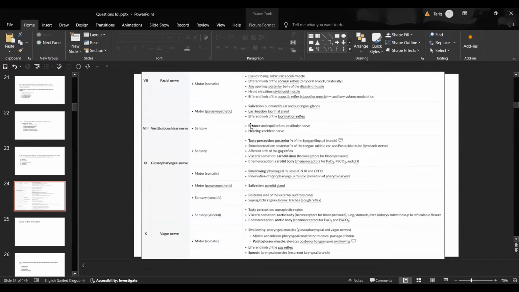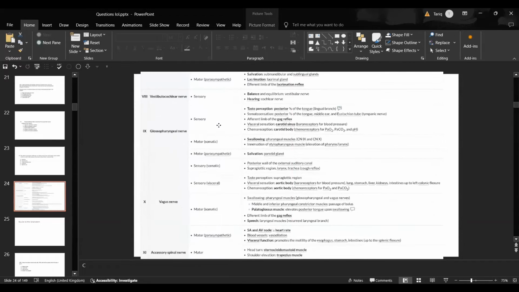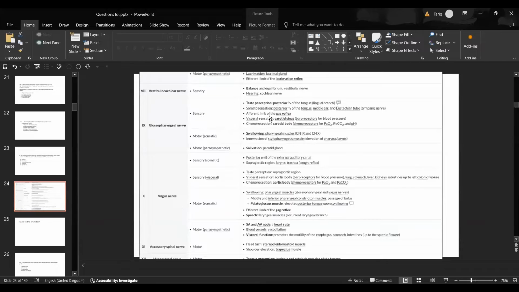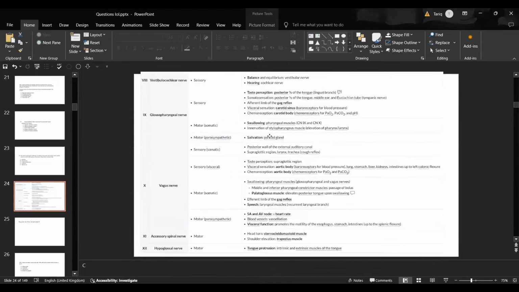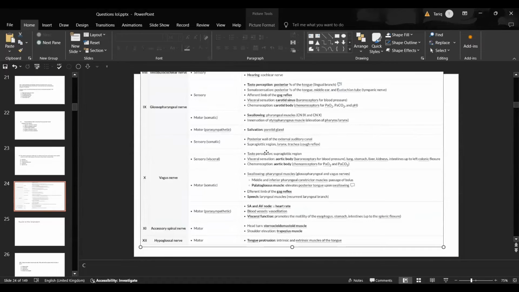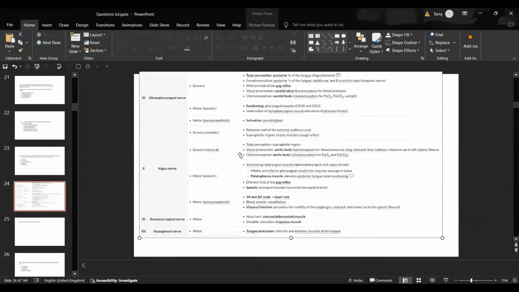Vestibulocochlear nerve is for balance and hearing. The glossopharyngeal nerve is for taste, but at the back of the throat. And it also handles stuff like your gag reflex and your swallowing. Okay. The vagus nerve is for taste at the back of your mouth, like the posterior third.